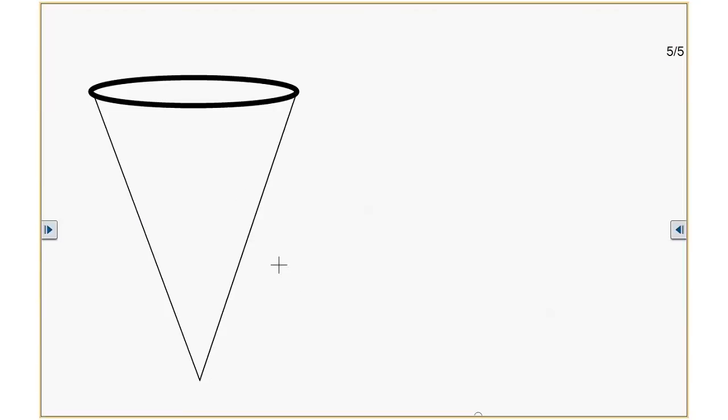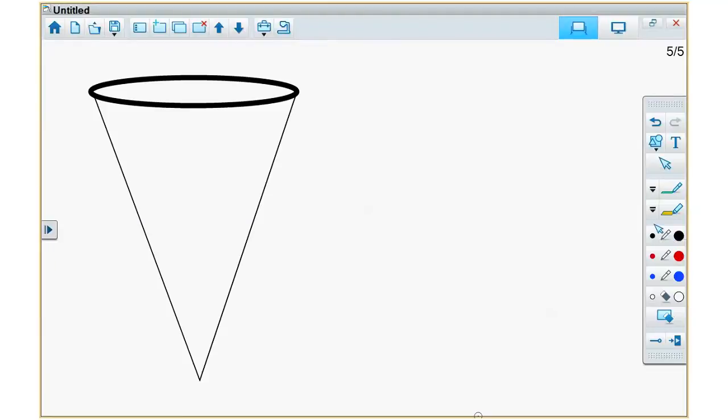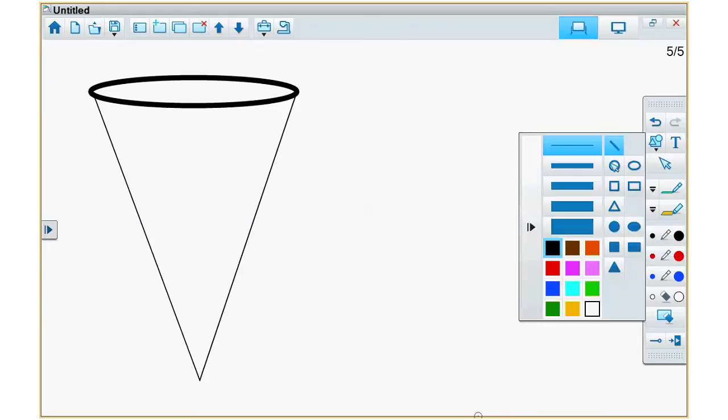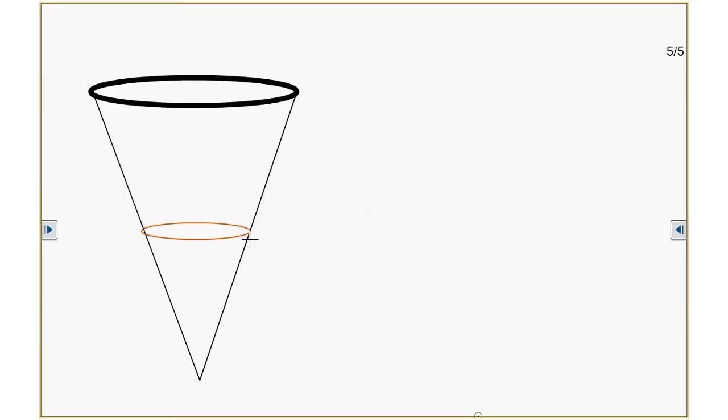All right, there's your cone. And I'm going to draw another one.